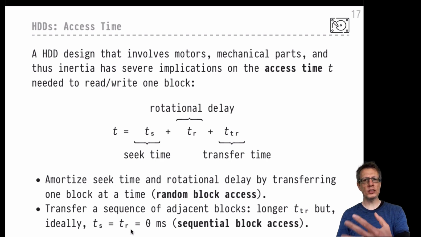So reading larger portions of information from such a disk, we better do it in a sequential block access fashion, where we read and write multiple blocks that are physically contiguous, adjacent on the same track, to save time.